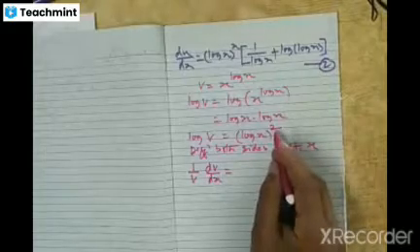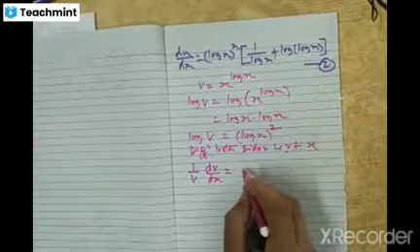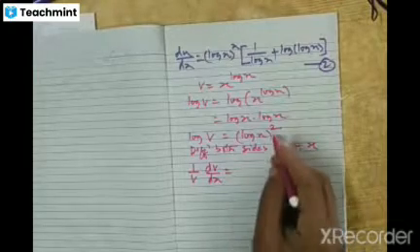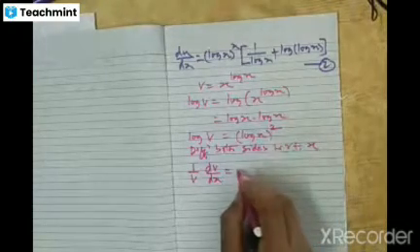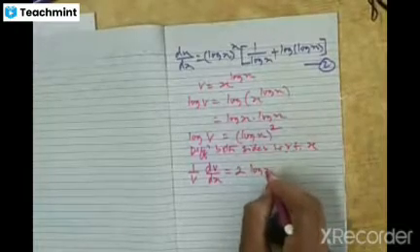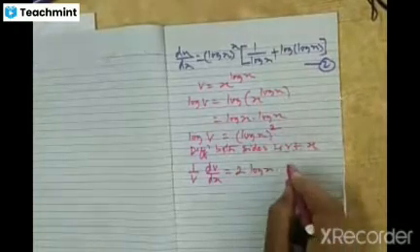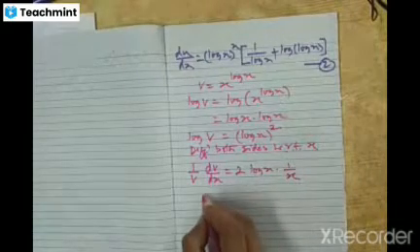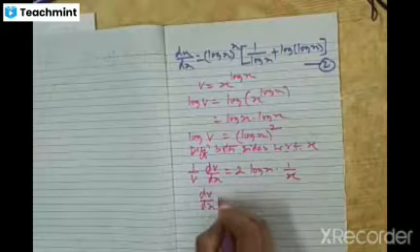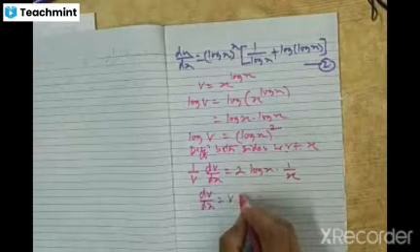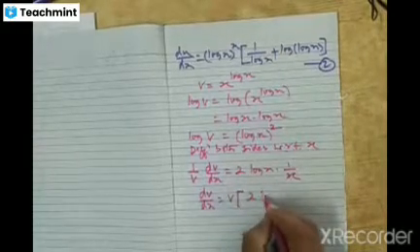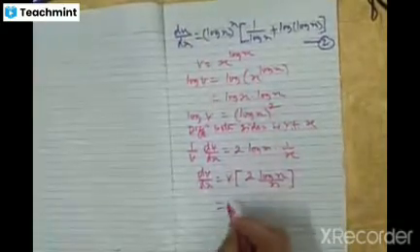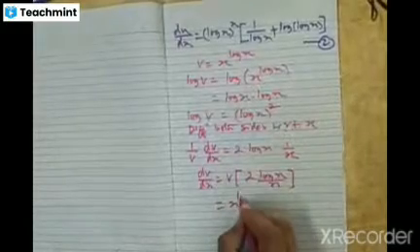On the right side, d by dx of (log x) whole square is a composition of two functions. So using chain rule, d by dx of (log x) whole square is 2 into log x into d by dx of log x, which is 1 by x. So dv by dx is equal to v into 2 log x by x. But what is v? v is x per log x.